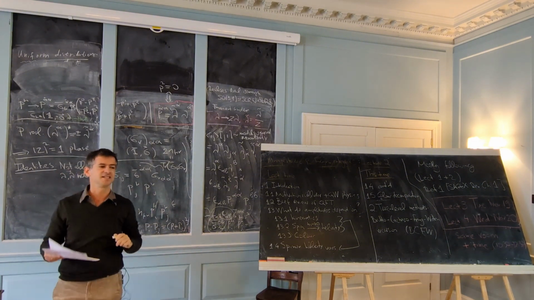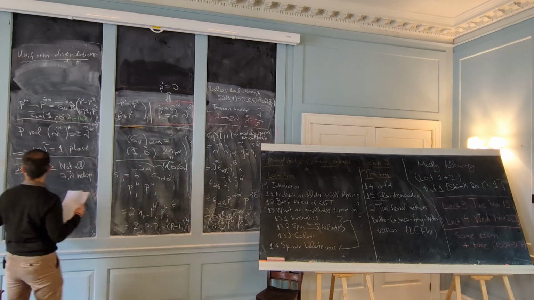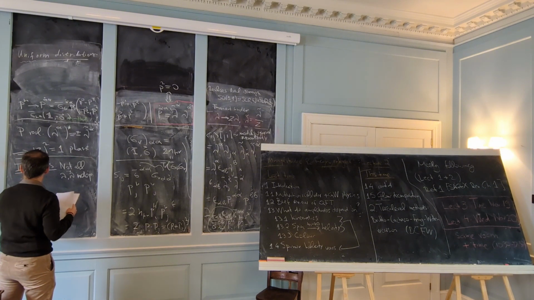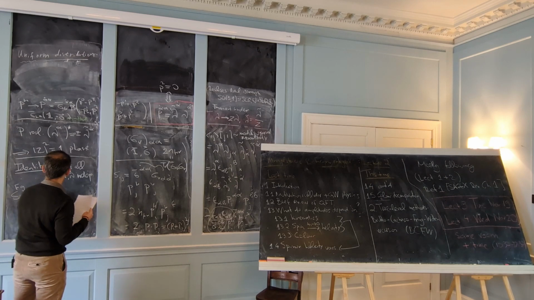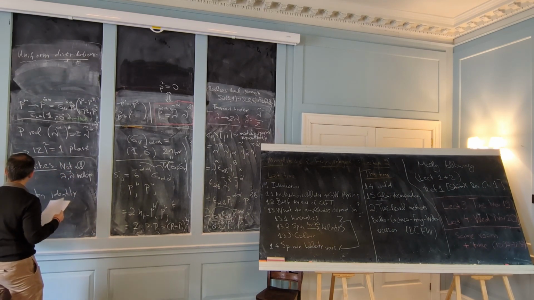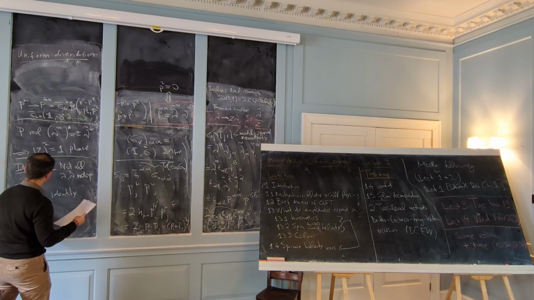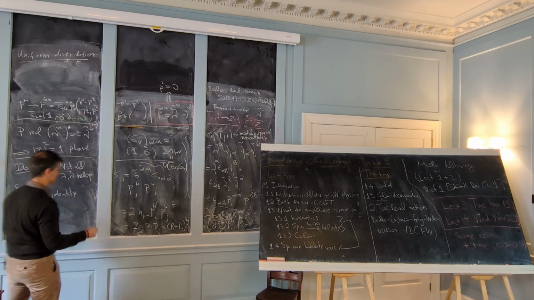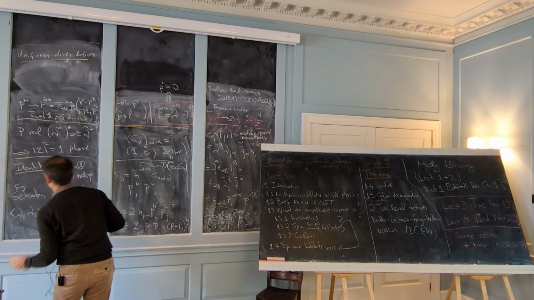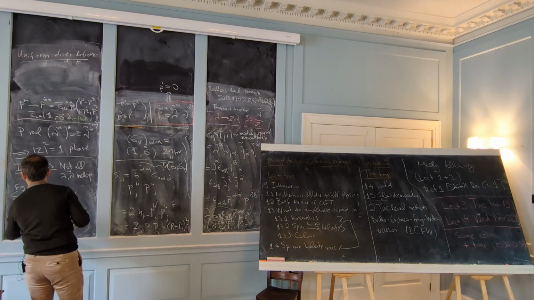And one identity that we will use also in today's lecture is the so-called Schouten identity, which tells you that angle bracket 1 2 times lambda 3 alpha, plus angle bracket 2 3 times lambda 1 alpha, plus angle bracket 3 1 times lambda 2 alpha equals 0.